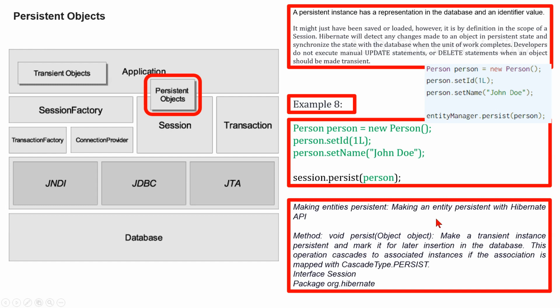Once we have created a new entity instance using the standard new operator, it is in the new state. You can make it persistent by associating it to either an org.hibernate.Session or a jakarta.persistence.EntityManager. org.hibernate.Session also has a method named persist, which follows the exact semantics defined in the Jakarta Persistence specification for the persist method.